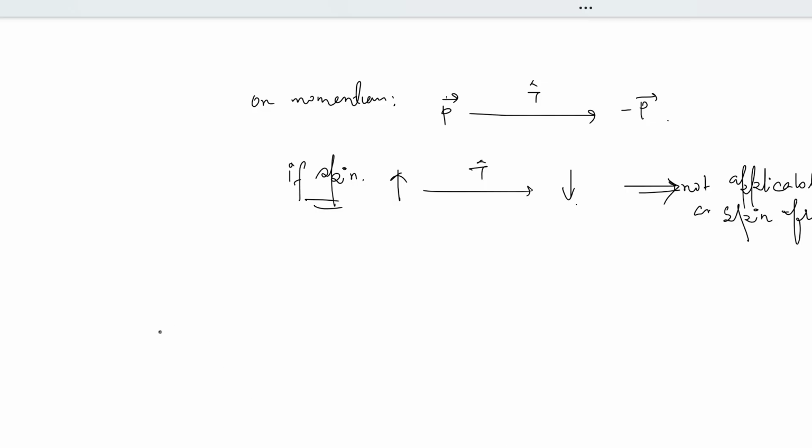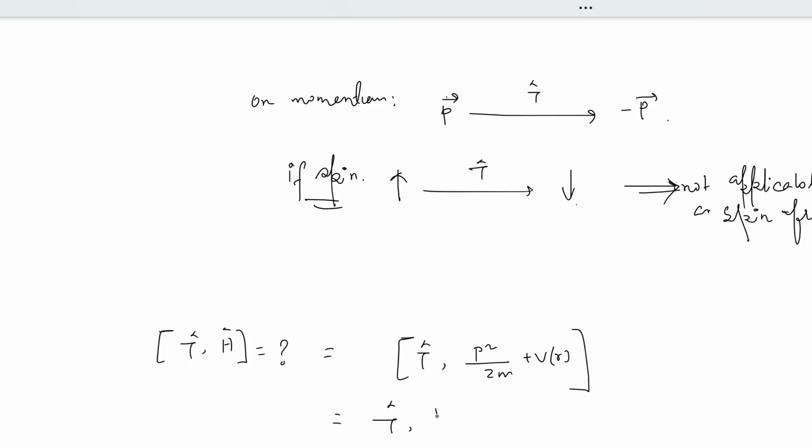You have to find out what this commutator bracket relation is, right? Then if you now put down the formula for each, in terms of p squared by twice m plus V of r that we just now have written, you can divide the commutator bracket in two parts.